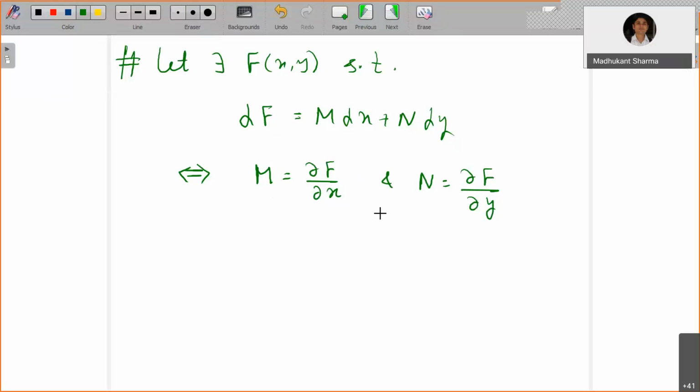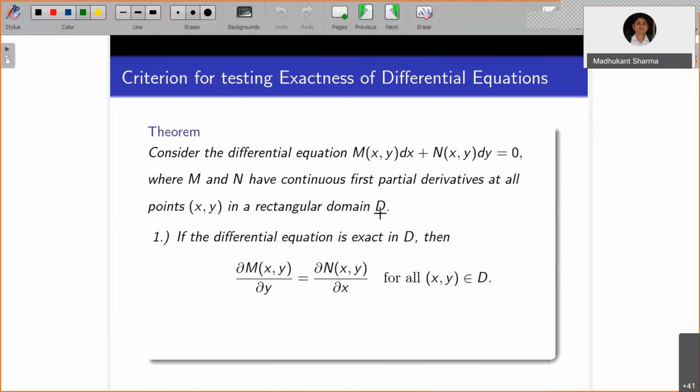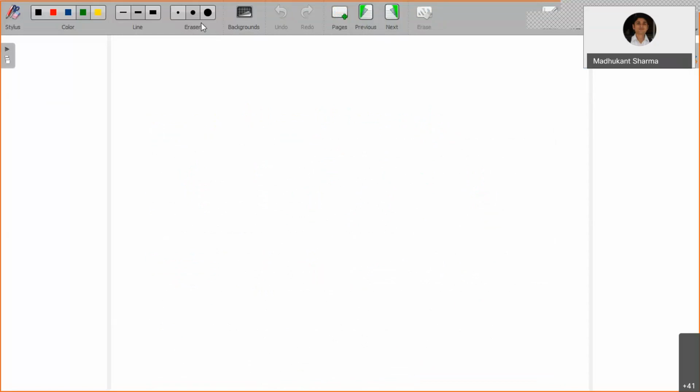Okay, right. So let's take one problem and we will move further then. So y square dx plus 2xy dy is equal to 0.